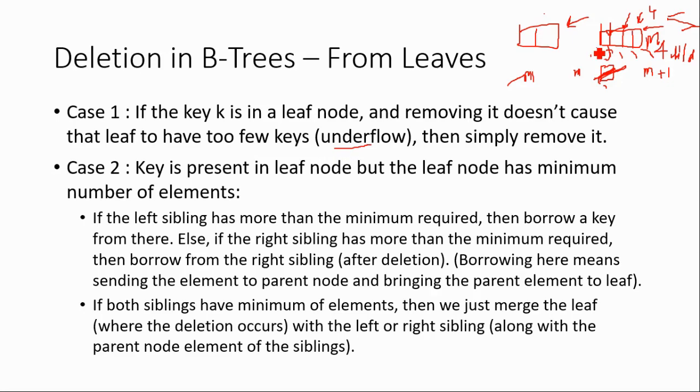So how are we dealing with the deletion cases? Deletion in B-trees can be discussed for leaves and for internal nodes. At first we discuss what we shall do in case of leaves. Case 1 says that if the key k is in a leaf node and removing it doesn't cause that leaf to have too few keys, just simply remove it.